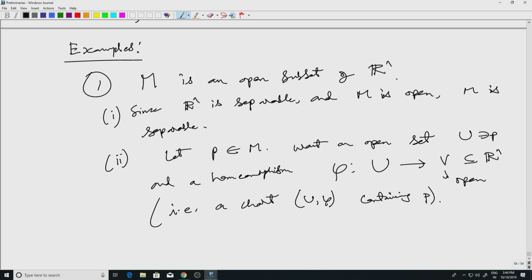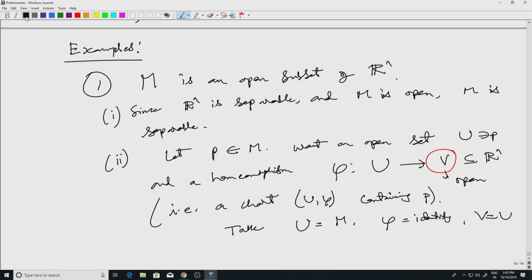But in our case M itself is an open subset. So just take whatever P is, take U to be M itself and phi equals identity, and of course V is also just taken to be U itself.